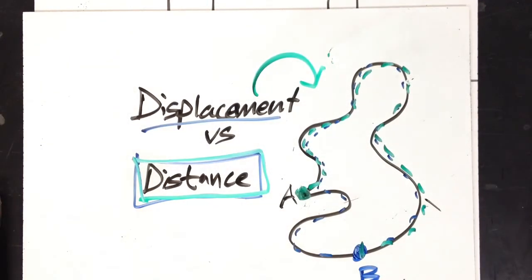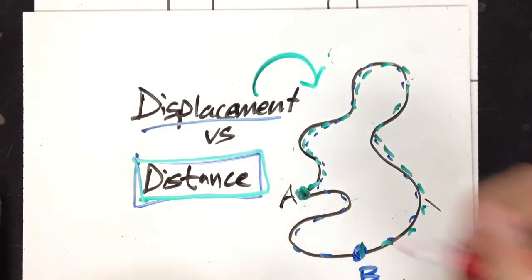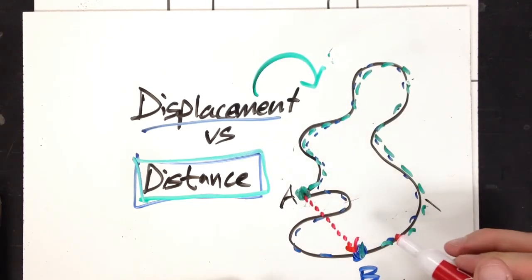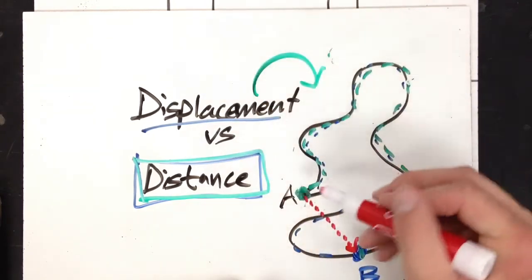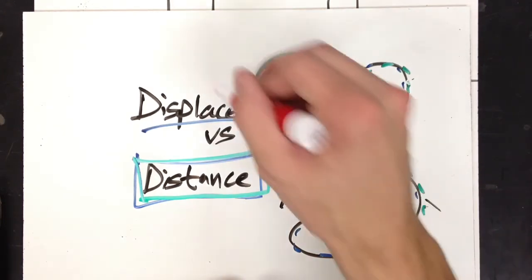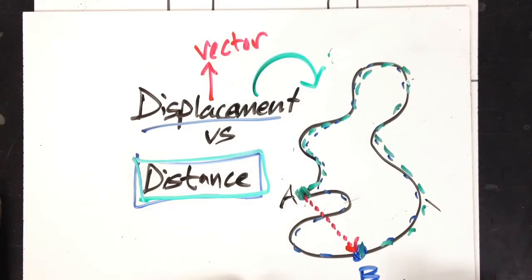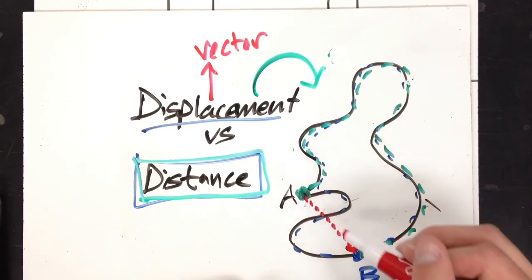But my displacement would be the distance from here to there. This displacement, where you start to where you end up, it is a vector quantity. I start here and I end there.